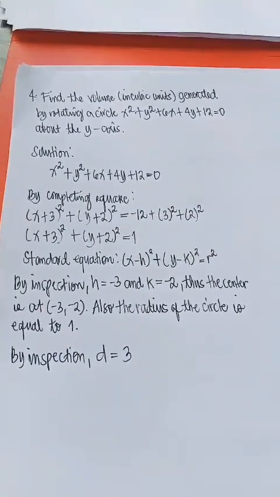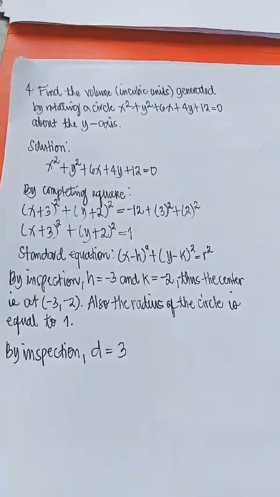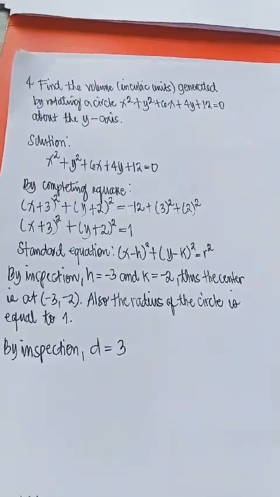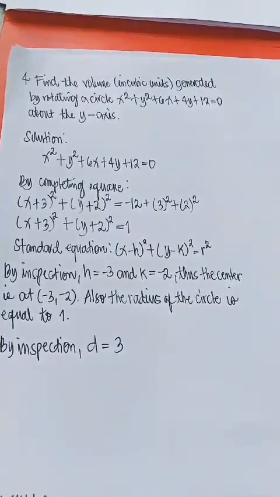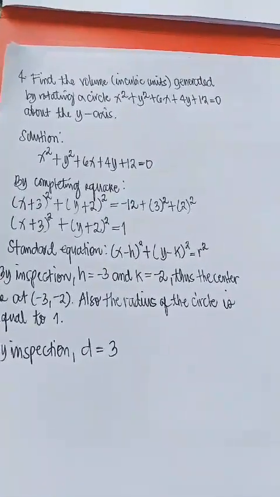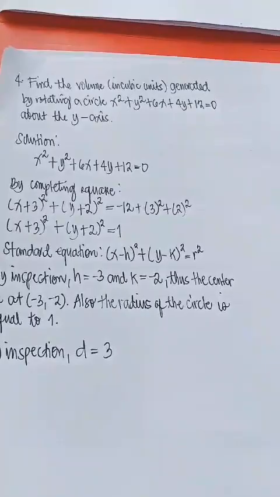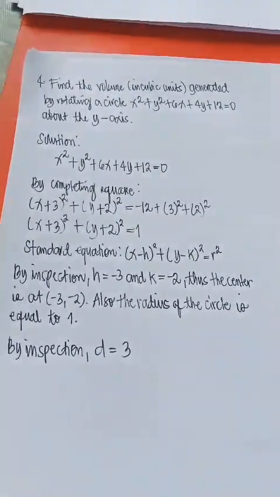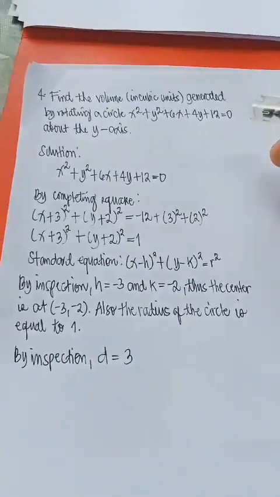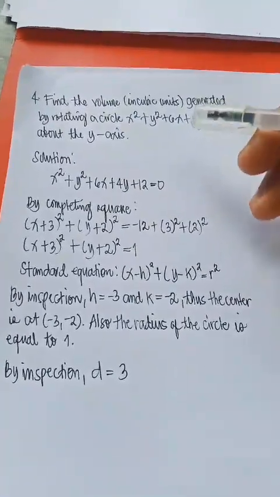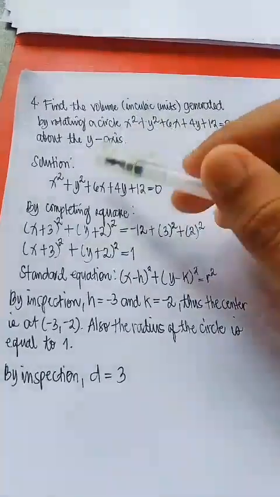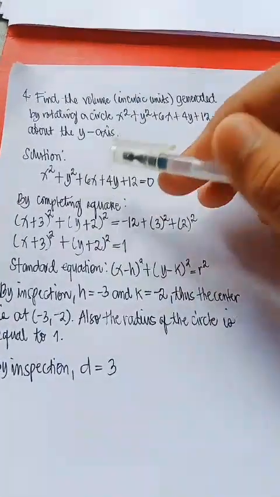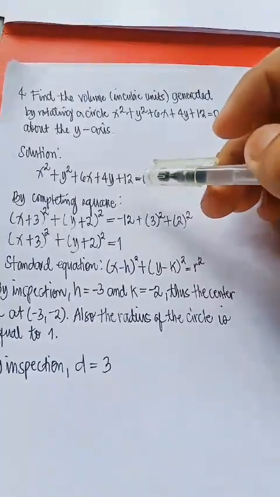Problem number 4. Find the volume in cubic units generated by rotating a circle x squared plus y squared plus 6x plus 4y plus 12 equals 0 about the y-axis. So our solution goes like this. We copy x squared plus y squared plus 6x plus 4y plus 12 equals 0.